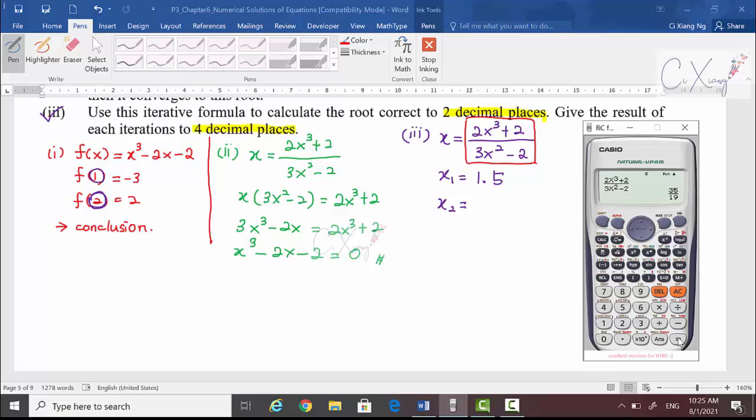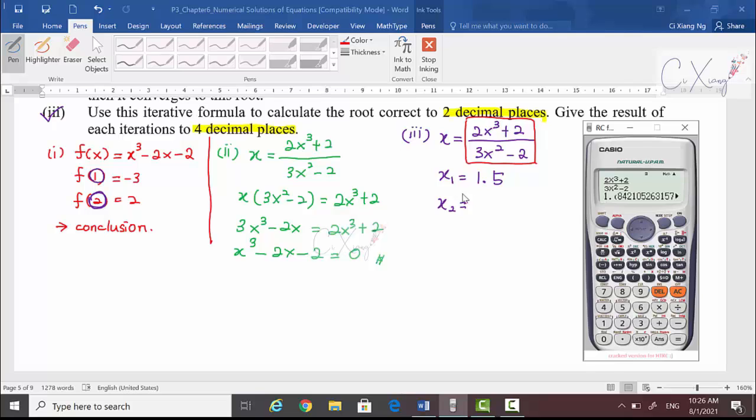When I press the equal sign, the answer that I get is 35 over 19. But in our question, they actually request your iteration to be 4 decimal places. Therefore, I need to change it to a decimal number. So the decimal number from here, you can see that it is 1.8421, 4 decimal places, right?